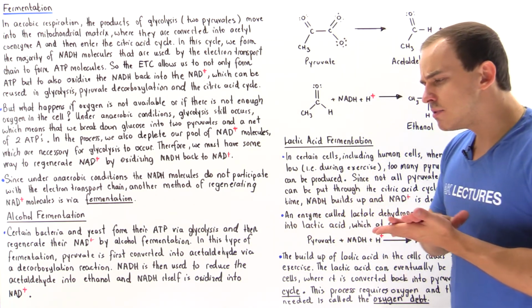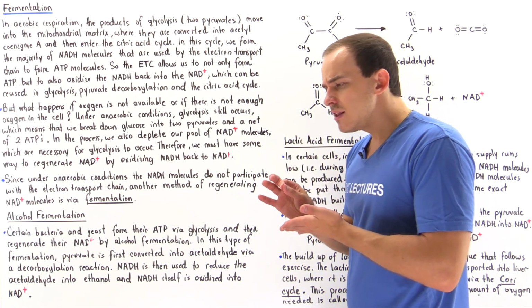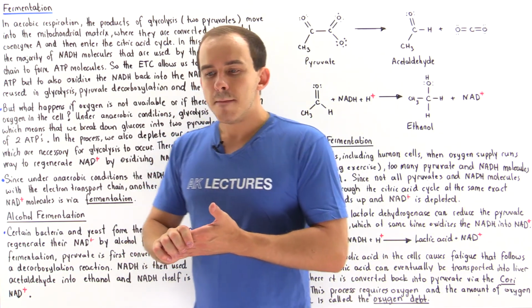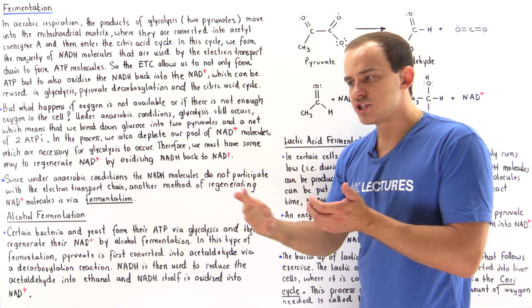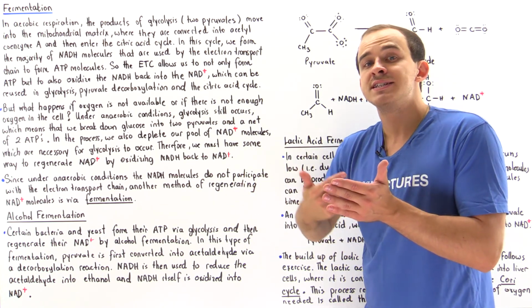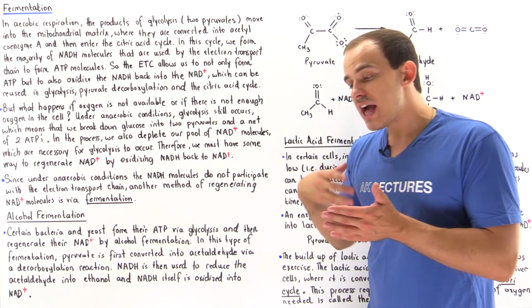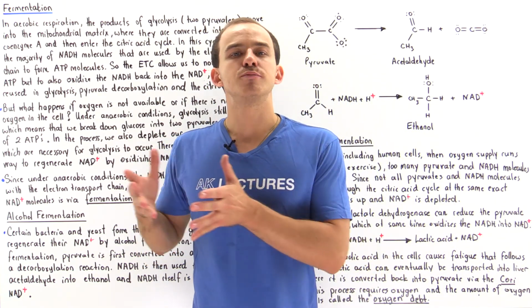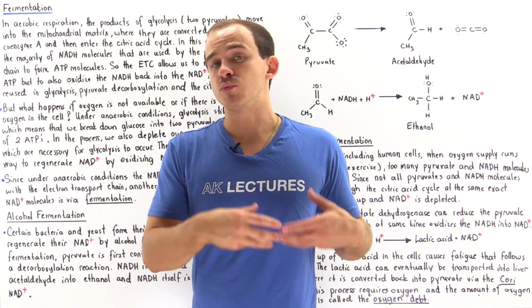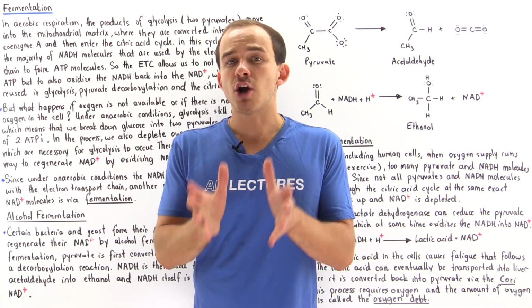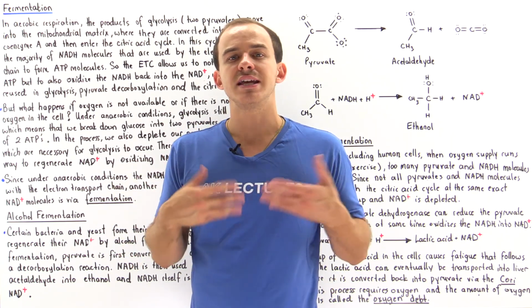Now, the problem with this is glycolysis uses up NAD plus molecules. But in order for glycolysis to continually take place, we have to somehow continually regenerate the NAD plus molecules from the NADH molecules.